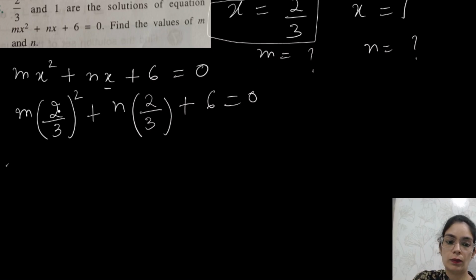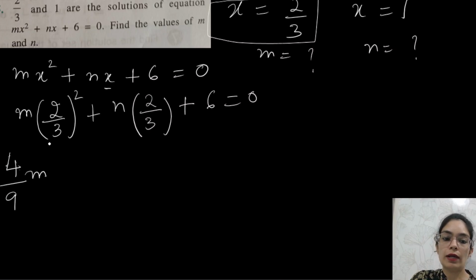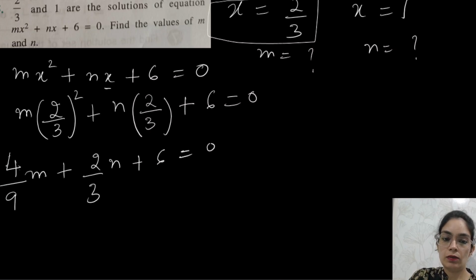If I do the square, 2 square will become 4 by 9, m as it is will come. So 2 into 2 is 4, 3 into 3 is 9. So its square is 4 by 9 into m, plus 2 by 3 n, plus 6 equals 0.